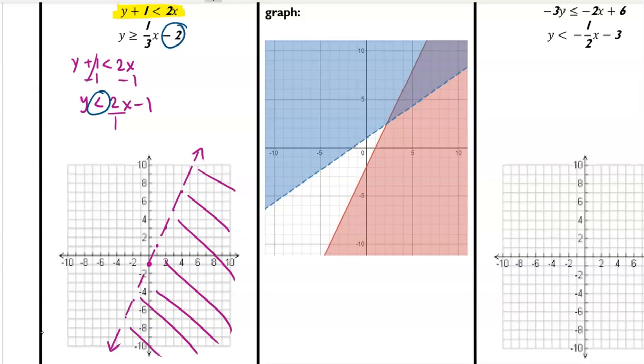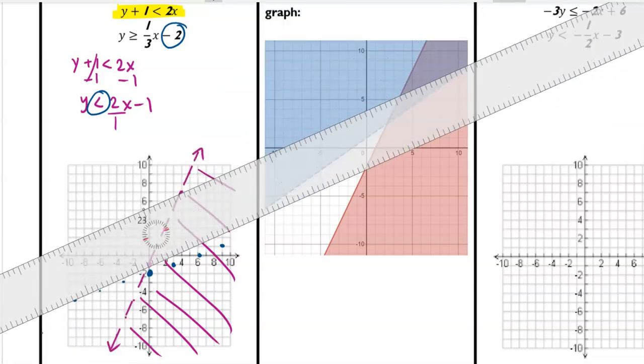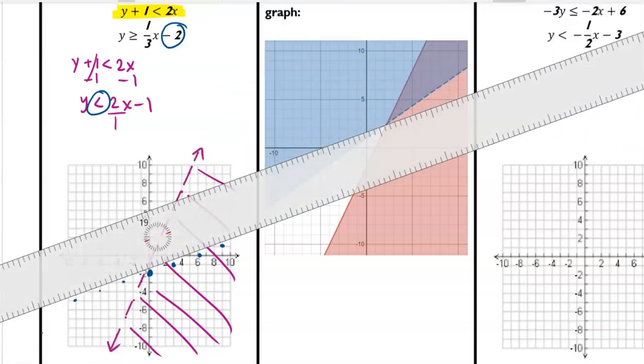Our other line has a y-intercept of -2 and a slope of positive 1 over 3. So we're going to go up 1 and to the right 3. And this line, the inequality is greater than or equal to.